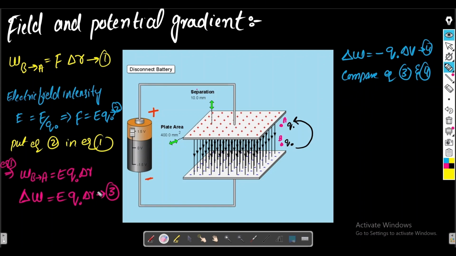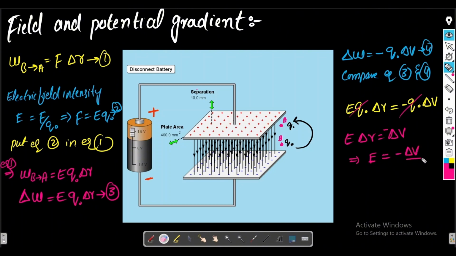So the right side of equation 3 is E, Q0 and del R, and the right side of equation 4 is minus Q0 del V. The Q0 is cancelled with this Q0, and the equation becomes E del R is equal to minus del V. It implies that E is equal to minus del V by del R. And this is the relation for the electric field and the potential gradient.